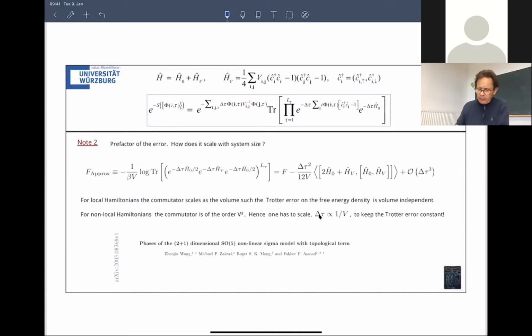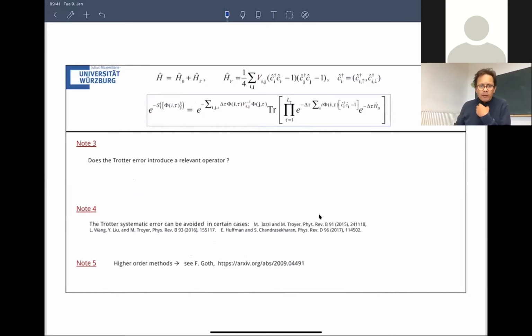And we're still learning the problems of the Trotter. There are many other problems. If you're looking at critical phenomena, does the Trotter error introduce a relevant operator? For example, the Trotter decomposition could break SU(2) spin symmetry. Then you will break the symmetry a bit, but you have to keep this very small so as to be sure that your RG flow does not flow away. So you have to be very careful about this. There are some methods to get rid of the Trotter decomposition, but I think they are more restricted to a class of systems.